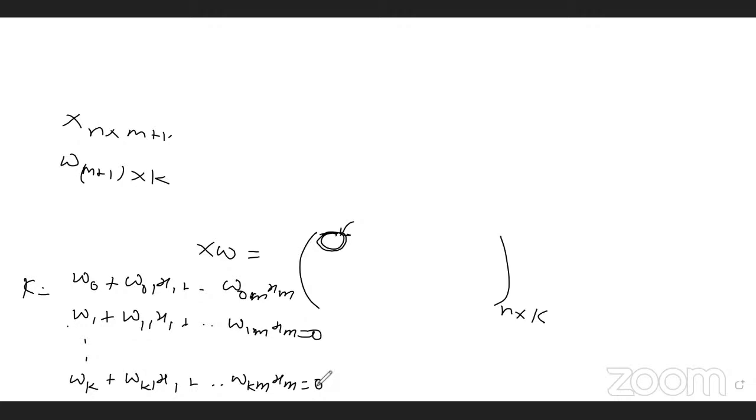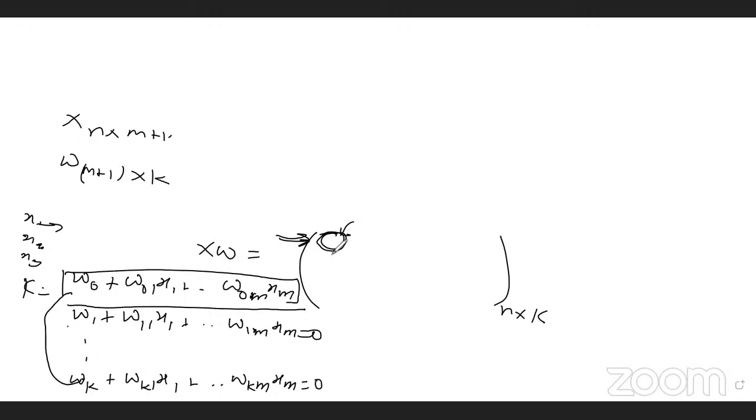Let's say you have three examples, x1, x2, x3. For the first example we will calculate these k values, and all these k values will go here. K columns are there, so all k values will go there for the first example, and there are n such examples.